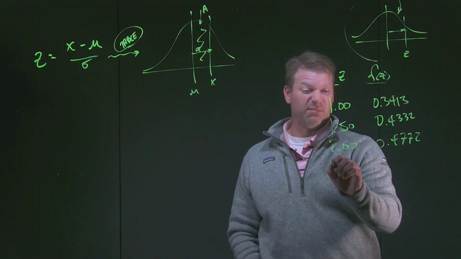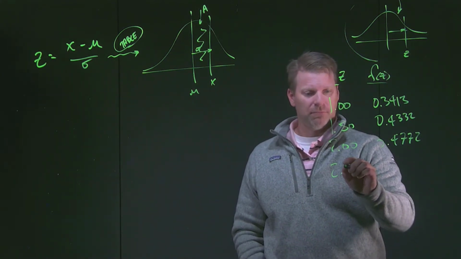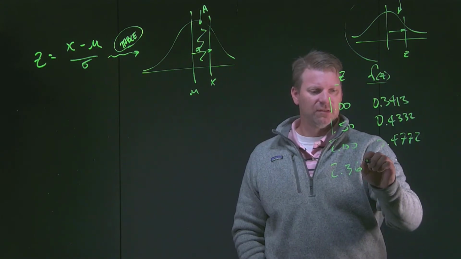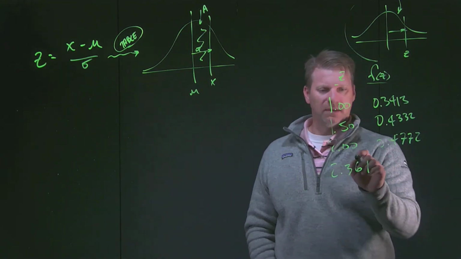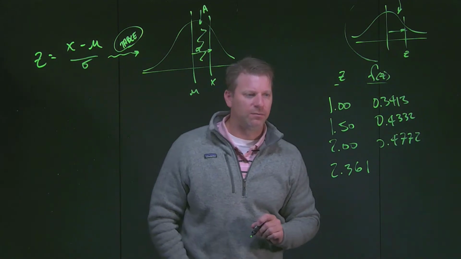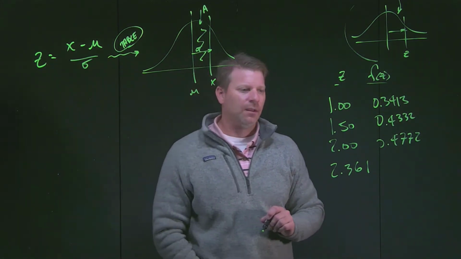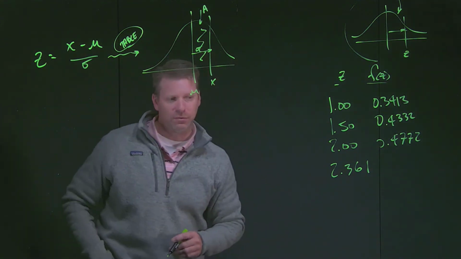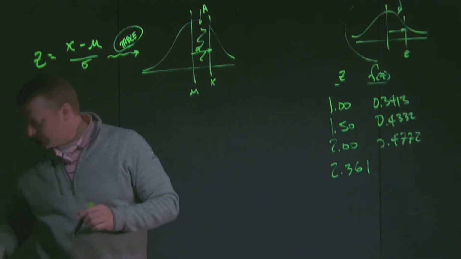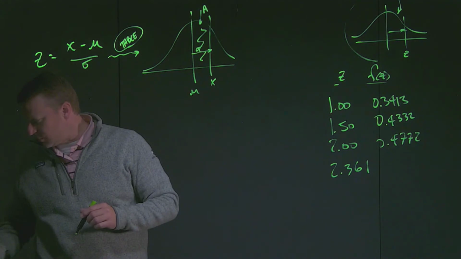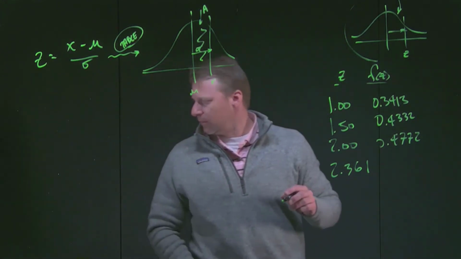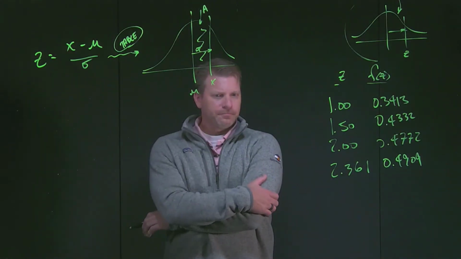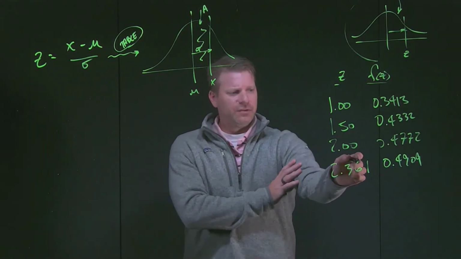If we went for something like 2.361, the table that we're currently using doesn't go out to the thousandths, but it's okay. In this case, I would just line up and use the value 2.36. 2.36 gets us 0.4909.